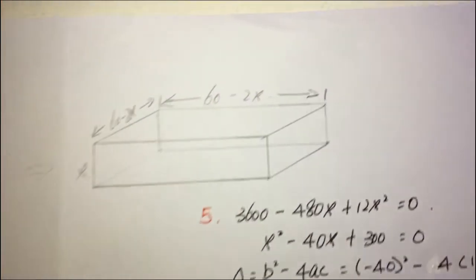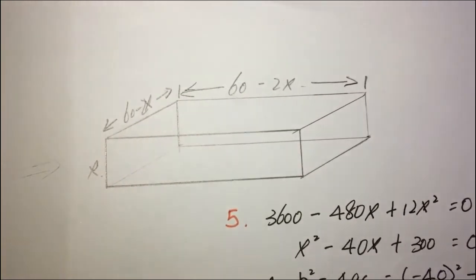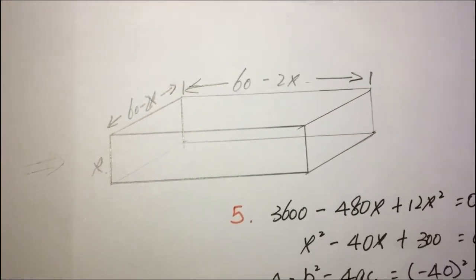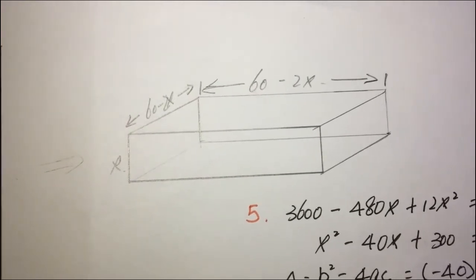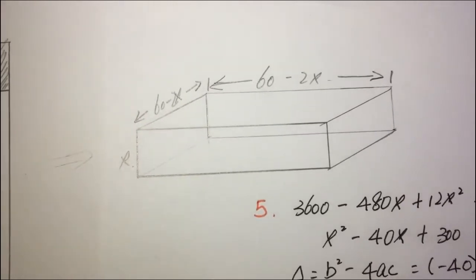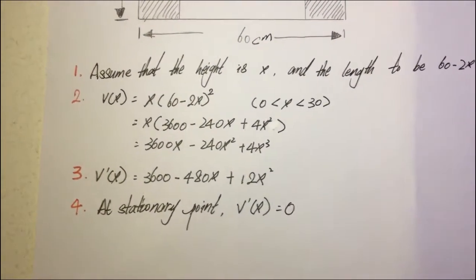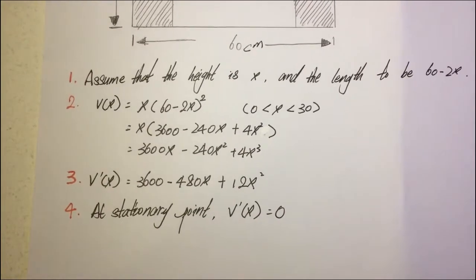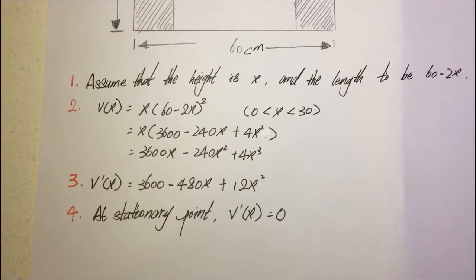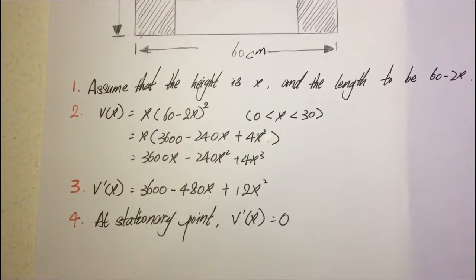Assume that the height is x and the length is 60 minus 2x. Then we will have an equation of volume, V(x) equals x times (60 minus 2x) squared, and the range for x is x larger than 0 and smaller than 30.